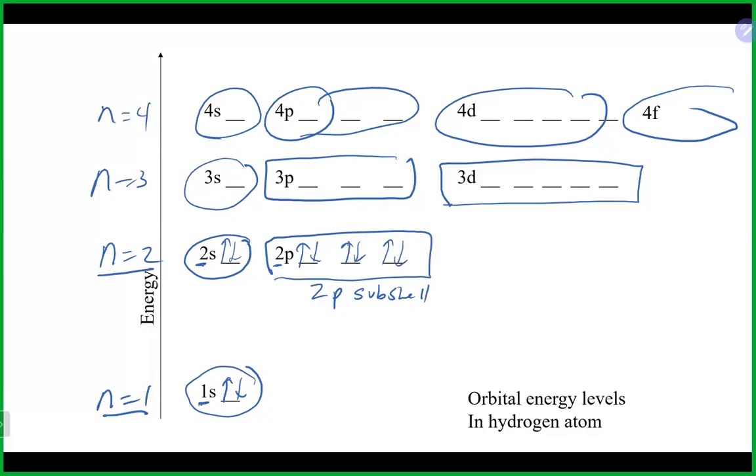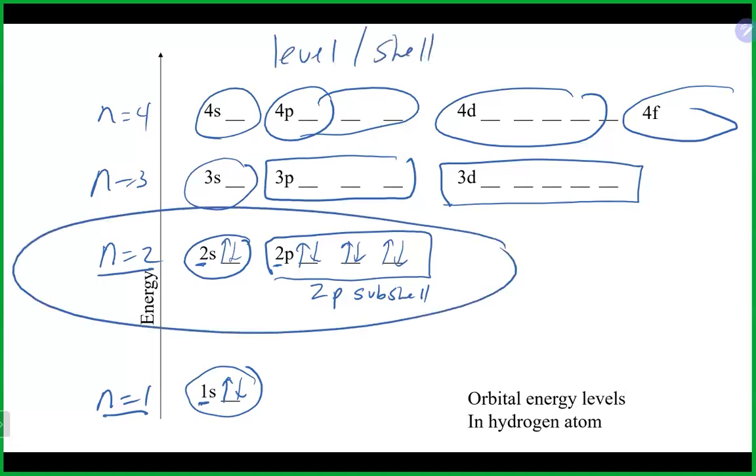Now, we talked about subshells. There's also a word that is sometimes referred to as a level or a shell. For example, if I want to know the maximum number of electrons on the n equals 2 level or shell, that would be how many? 2, 4, 6, and 8. It's everybody on that shell or level, all the orbitals.